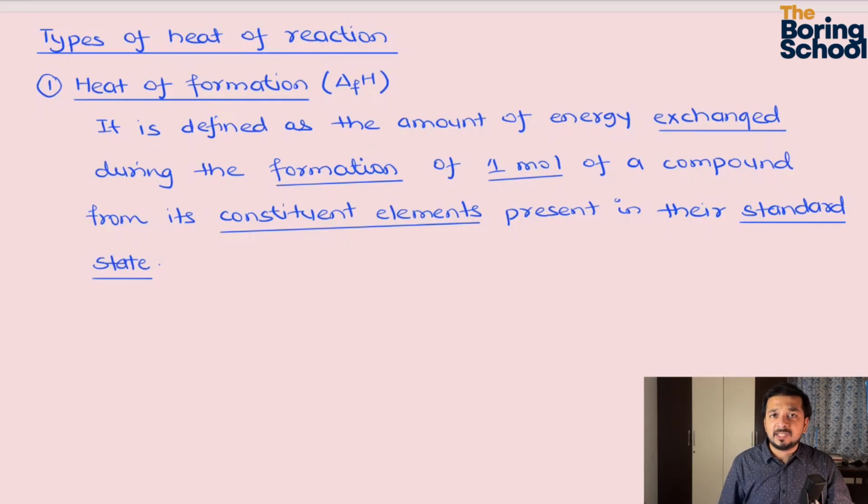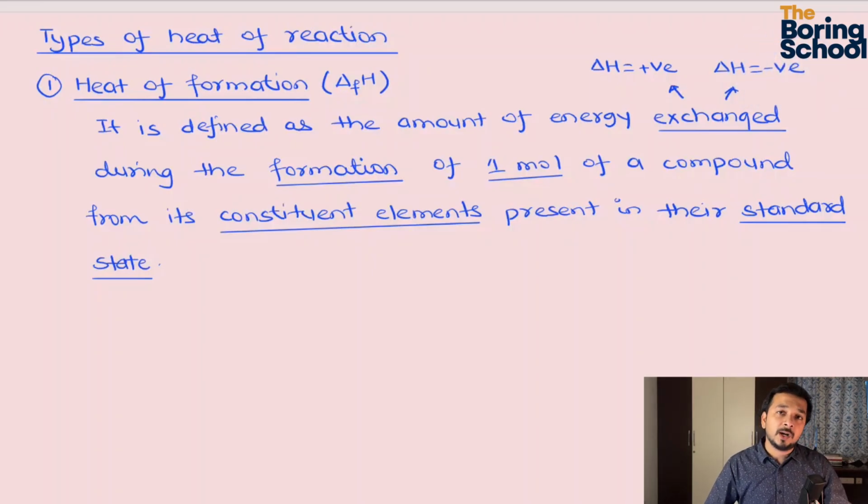Now, if you notice, I have underlined a few words. First one is energy exchanged. When I say exchanged, it means that delta H for this reaction can be either positive or negative.